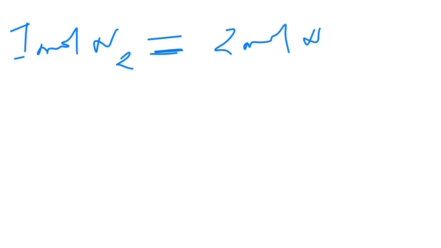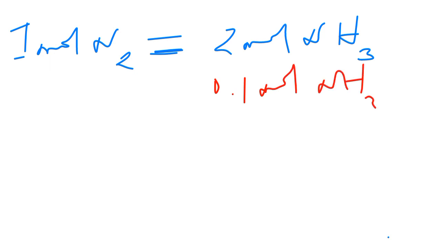So 1 mole of nitrogen gas is equivalent to 2 moles of ammonia from the balanced chemical equation. So how many moles of nitrogen gas will be in 0.1 moles of ammonia at STP?